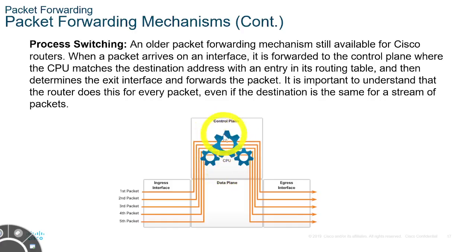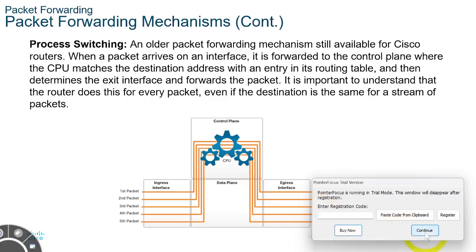And the router uses the routing table to create a match between the destination IP address and the route entries within the routing table. And then it determines for each packet the outgoing interface for each route.